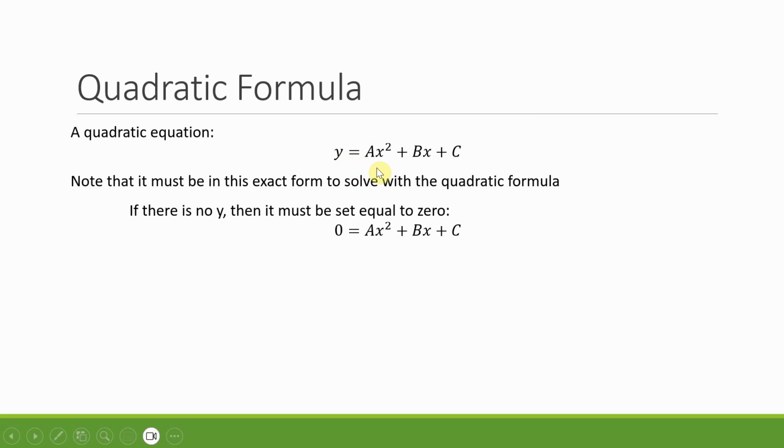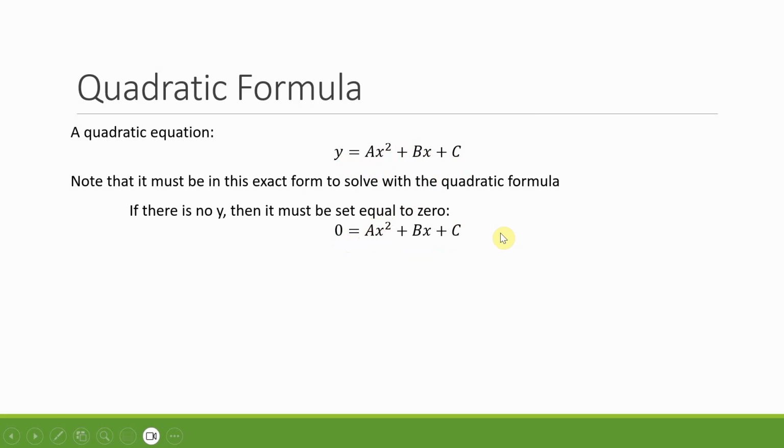If there is no y, so if they just gave you ax squared plus bx plus c and asked, what's the x-intercept or x-intercepts, or what's the solution to these, then you need to set it equal to 0. So do whatever math you need to have 0 on one side of the equation, or y, and then everything else on the other.